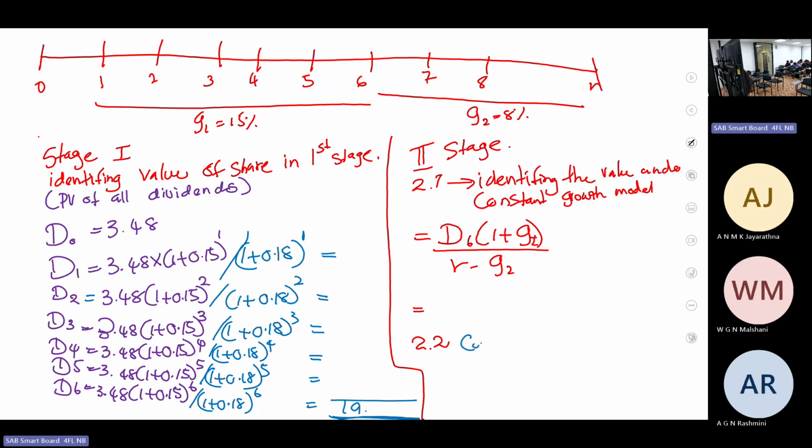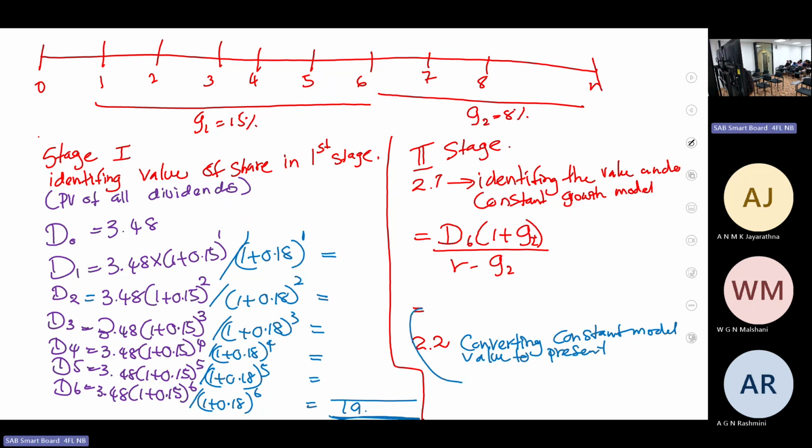Step 2.2: converting the constant model value to present.